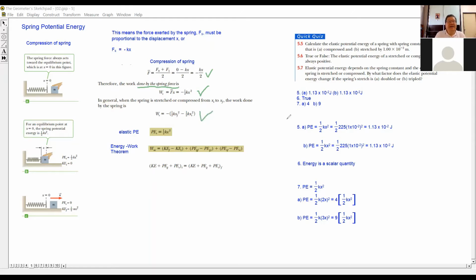The work done is half kx squared, the first x is the final position of the block, minus half kx squared, the second x is the initial position of the block.